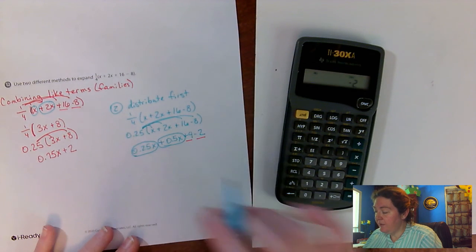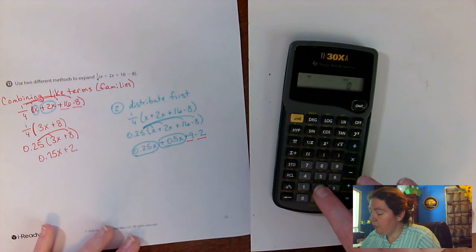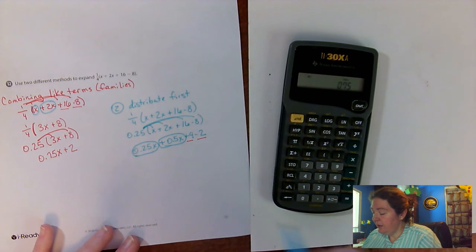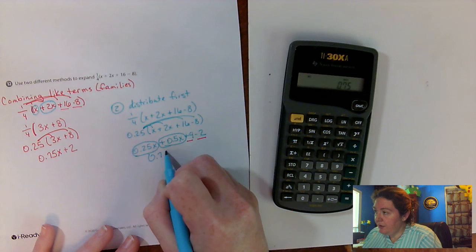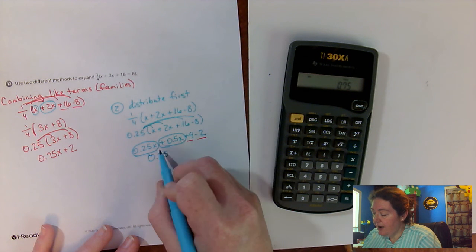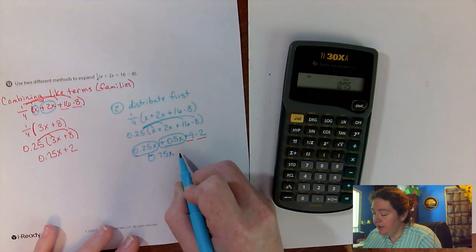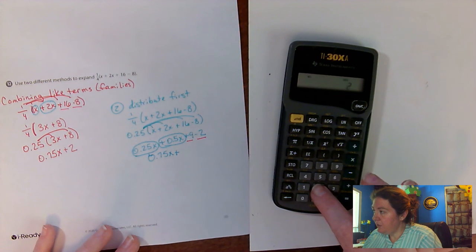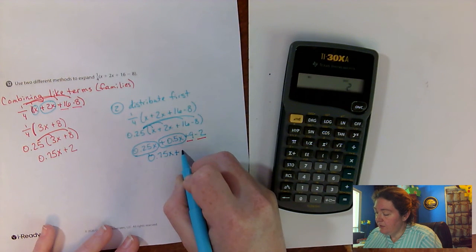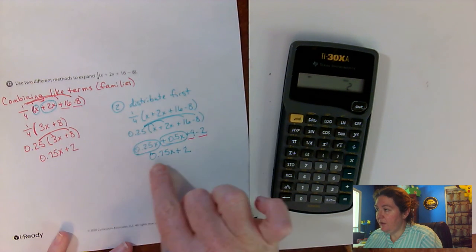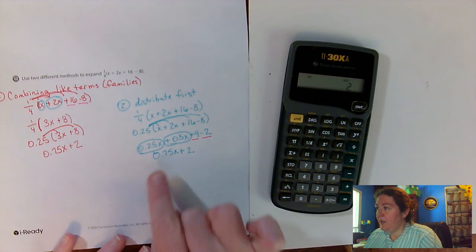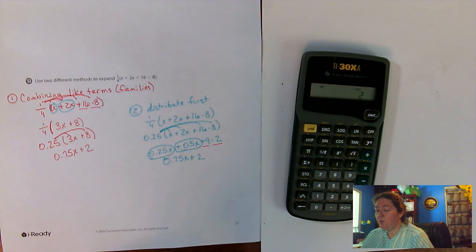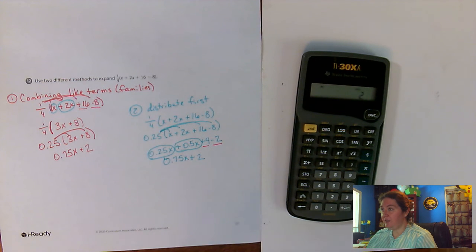I'm going to combine my families. 0.25 plus 0.5 gives me 0.75x, can't forget his last name, plus 4 minus 2 is 2. Look what I've got. I have the exact same answer. It doesn't matter which one you do first, you're going to get the same answer.